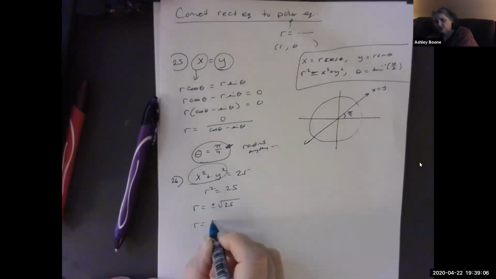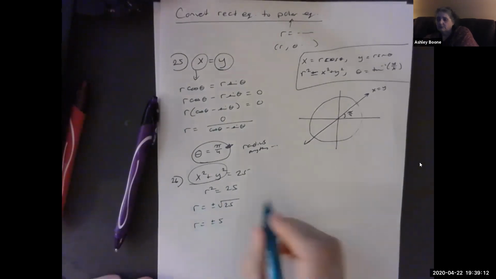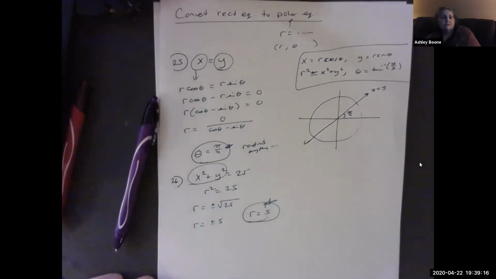R is equal to plus or minus 5. It doesn't matter what the angle is on this one. Any angle with a radius of 5, because you can go any direction for any angle. So any angle with a radius of 5 would satisfy this. So this one, we just have r equals 5 as our equation.